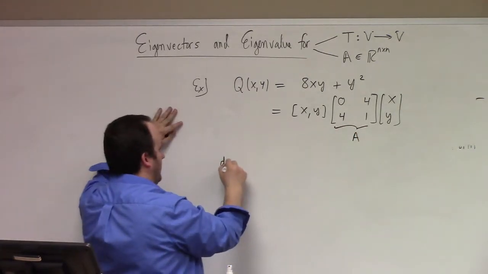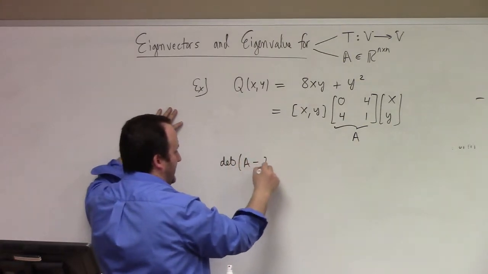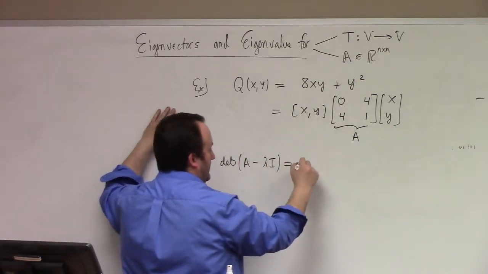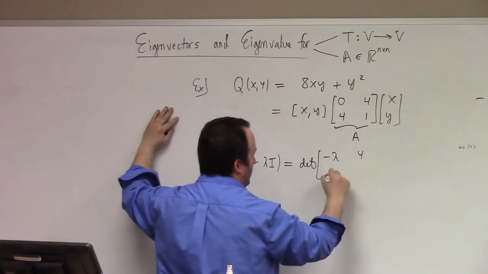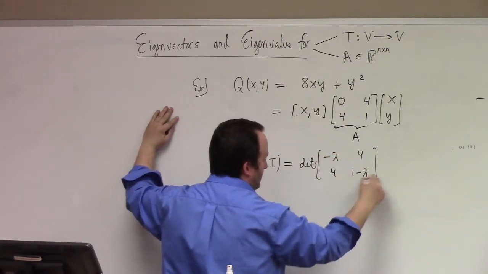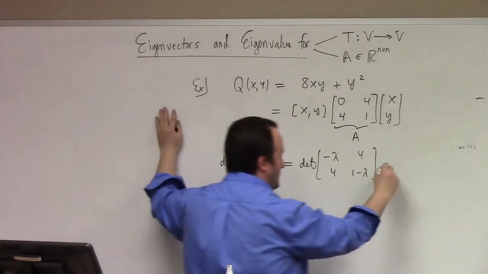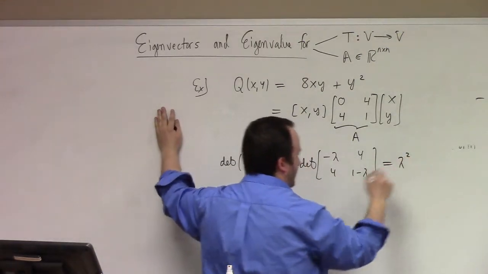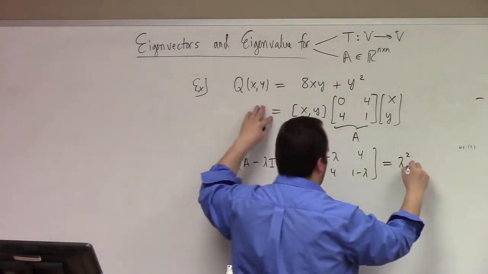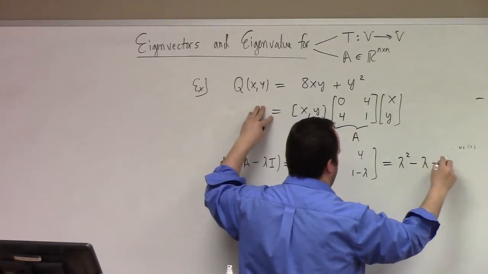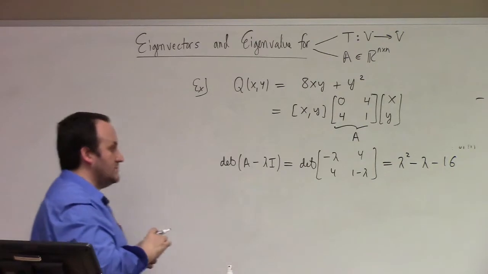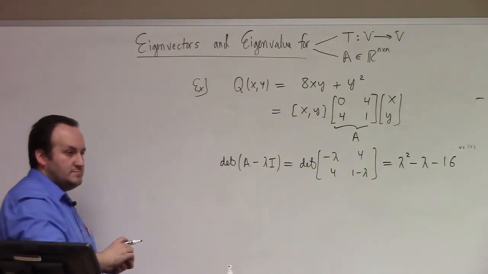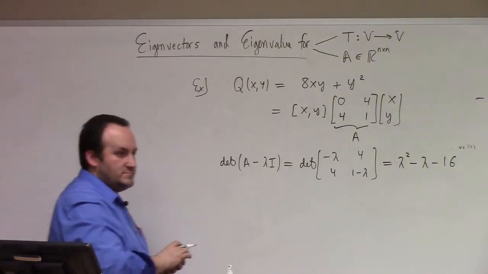So the determinant of A minus lambda I is the determinant of minus lambda, 4, 4, 1 minus lambda, which is what? Lambda squared minus lambda minus 16. Ain't pretty.